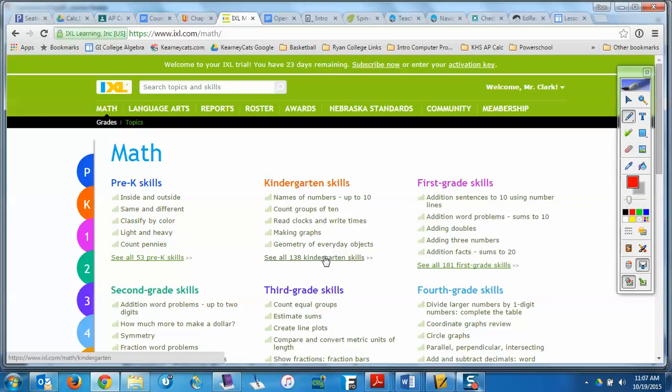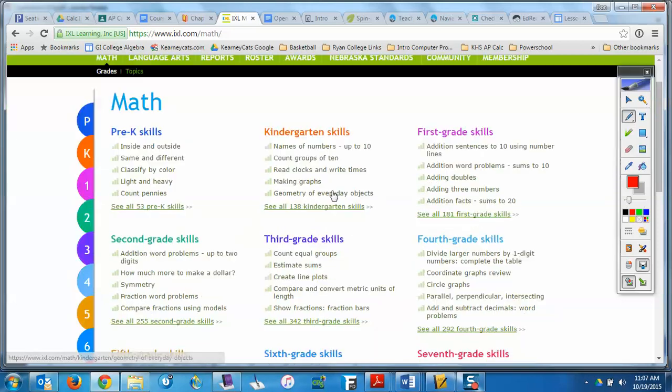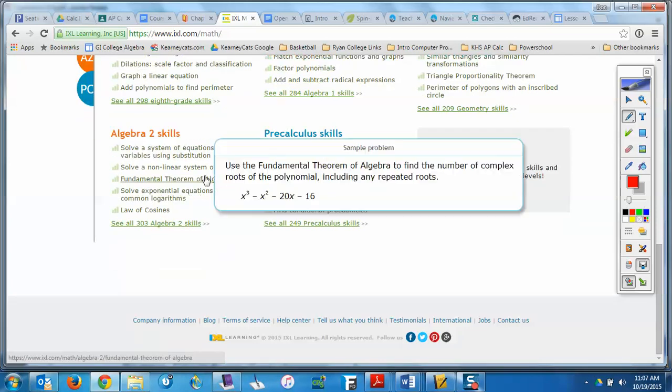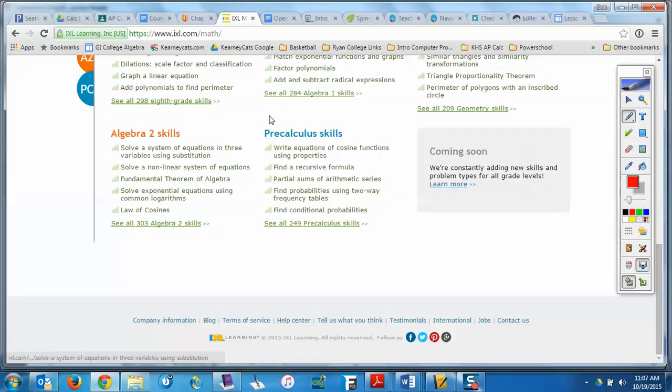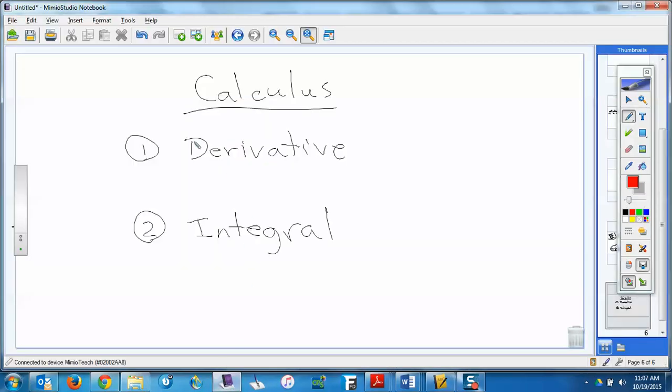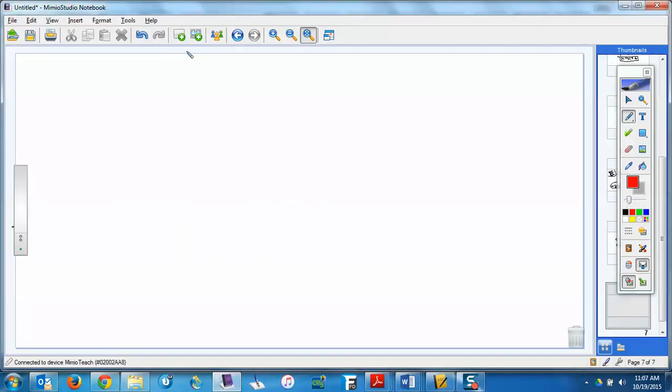All right. Now, where we want to go, well, we don't need to go anywhere just yet. We're going to obviously go into the pre-calculus skills. But I would have you jot down a couple of things here. Let me show you enough stuff to help us get a start on the things we want to talk about today.